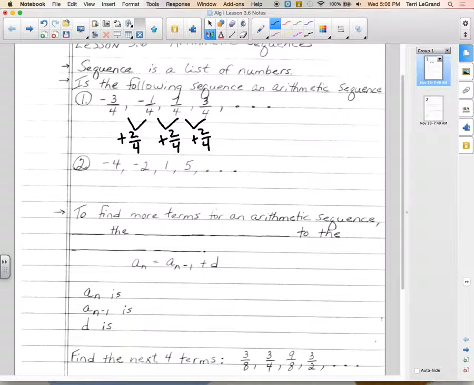So we would call this an arithmetic sequence because between successive terms, we have a common difference of 2/4. So we're going to say yes. And when we say yes, that means it has a common difference, which we're going to call D. We're going to say that D equals 2/4, or simplified, 1/2.